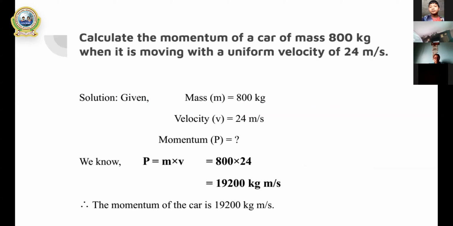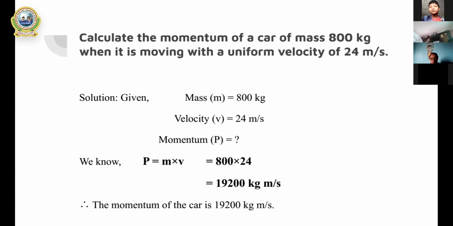The question has clearly given both factors on which momentum depends: mass is 800 kg and velocity is 24 meter per second. Momentum is denoted by P, dear students.